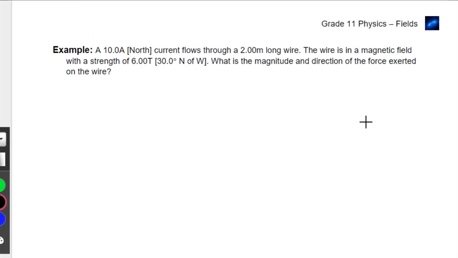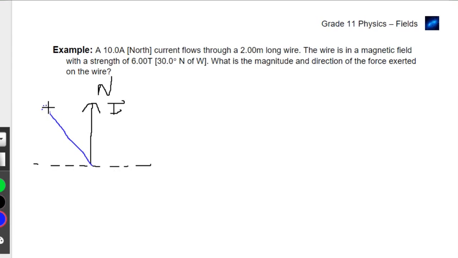A 10 amp current flowing north through a 2-meter long wire is in a magnetic field with a strength of 6 Teslas at 30 degrees north of west. So we have our current going north right over here, and we have a field that is going 30 degrees north of west.